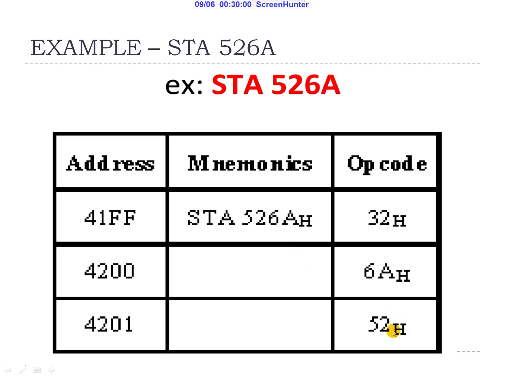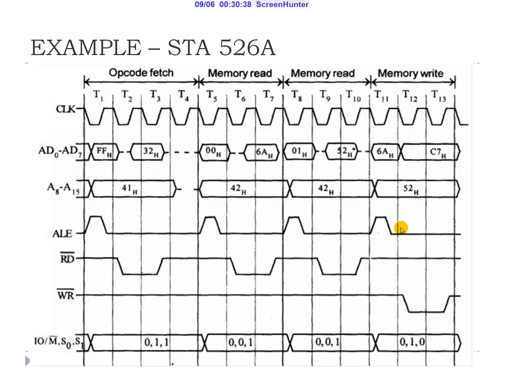Now we have to see that this instruction stores the value of the accumulator into the memory address 526A. So the accumulator value has to be stored in this particular 526A address. That is the main task of this instruction.